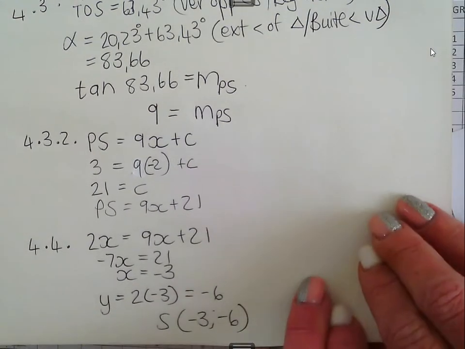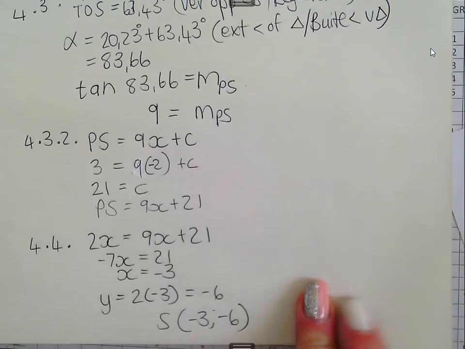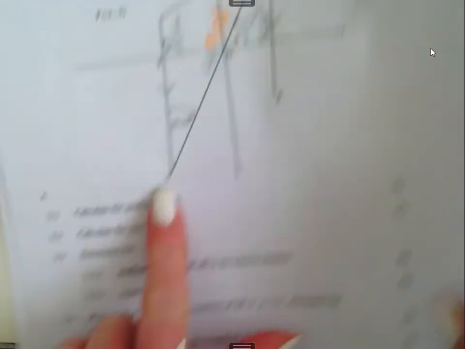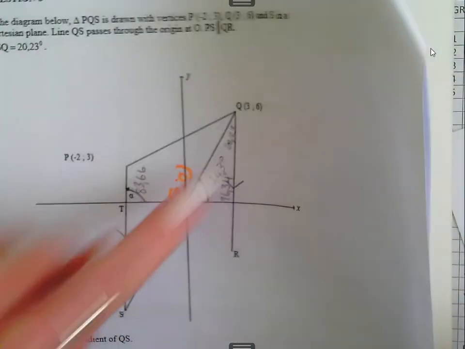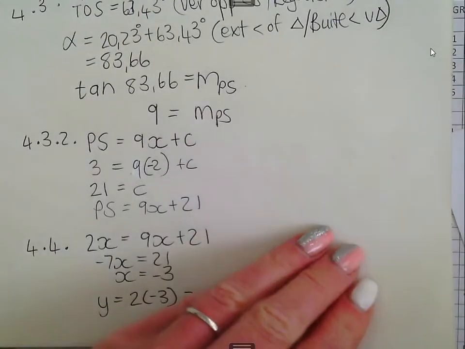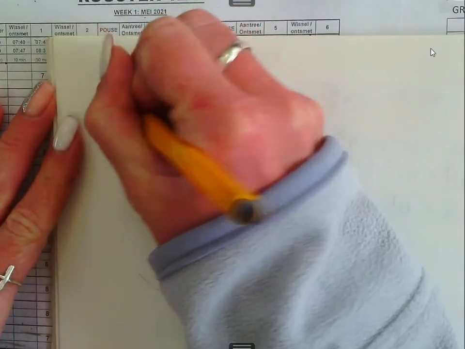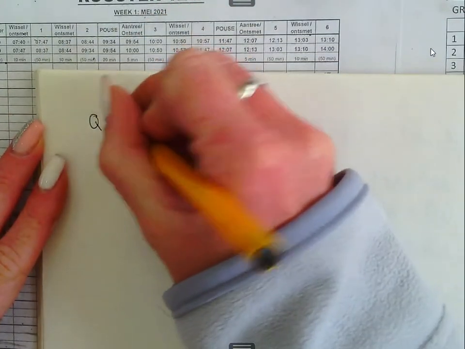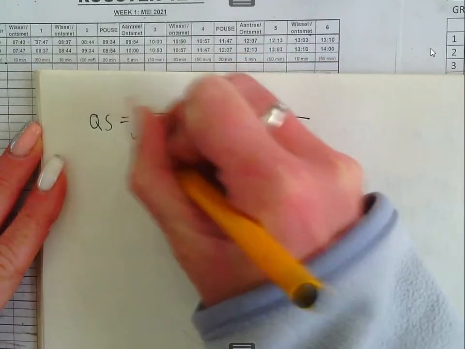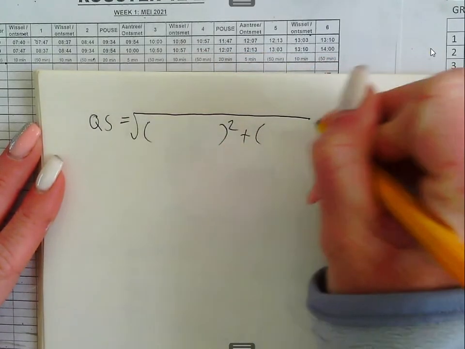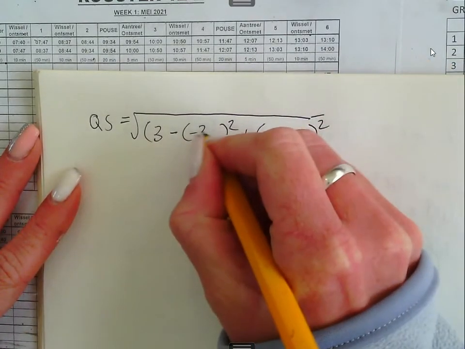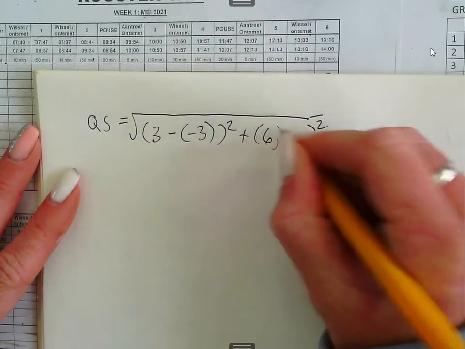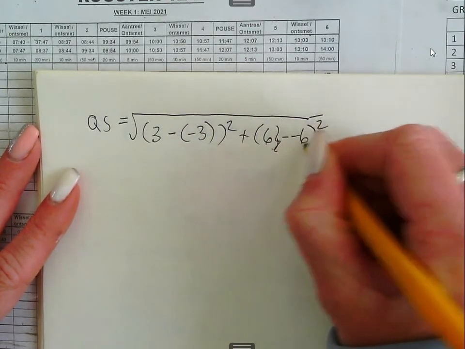Okay, can I page? The last one, easy, because I now have S. It's -3 and -6, and I have to calculate the length of QS in the simplest surd form. So QS is equal to the square root of 3 minus -3, and 6 minus -6.